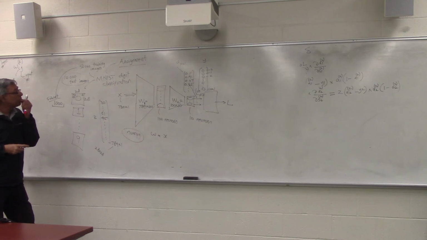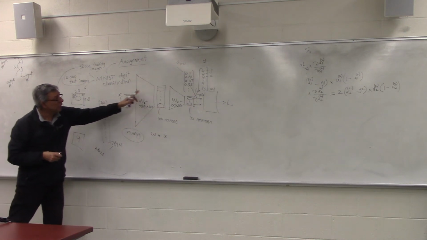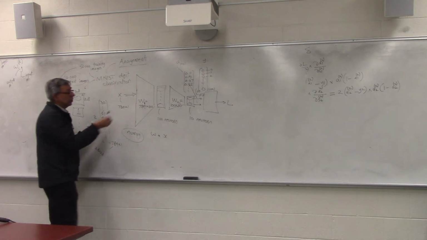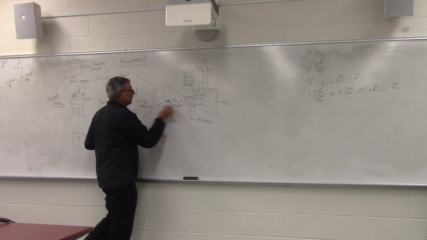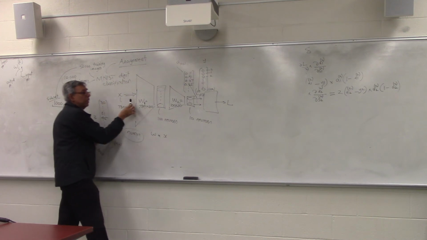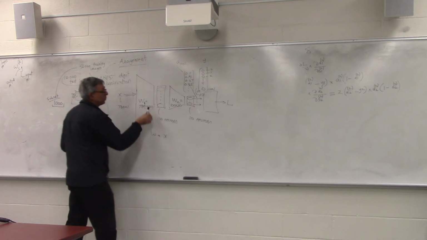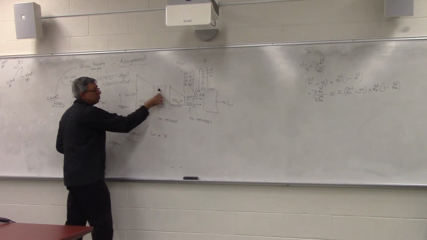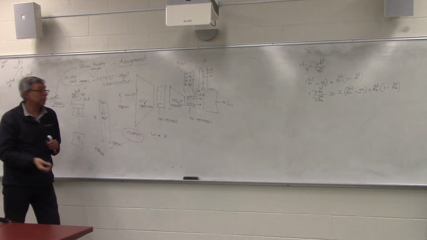Just a couple more minutes. Let me clarify the assignment so that as you see it, you will know what you need to do. In the beginning, you will initialize the weights and the biases randomly. You'll pick one training sample and pass it through. As we discussed, that's W times X plus B, where B is also initialized randomly.